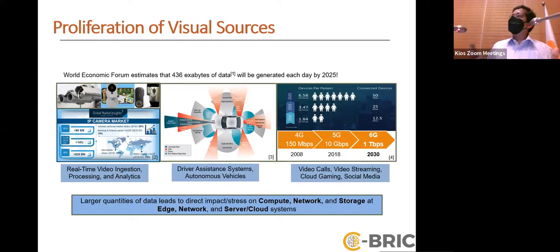The first part is going to be focused on reducing the communication of data from an edge to a server, especially in these collaborative IoT environments, specifically because Kiosk is working a lot on edge intelligence. That would be my first focus.